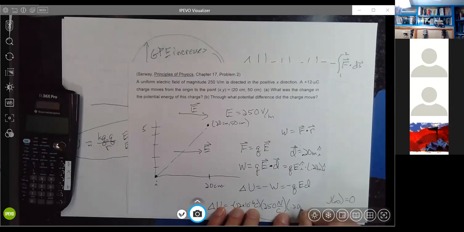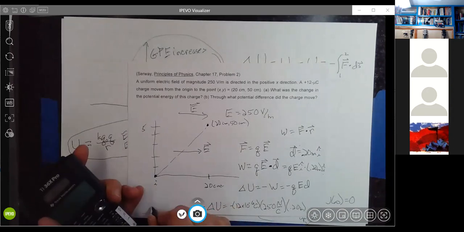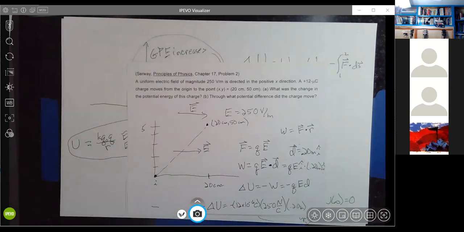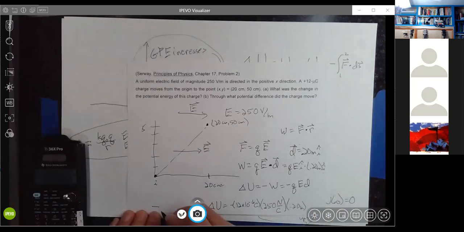So just multiply that string of things together, and we will get minus... oh, I could have done most of that in my head, maybe all of it if I'd been thinking. Anyway, minus 6 times 10 to the minus 4th.